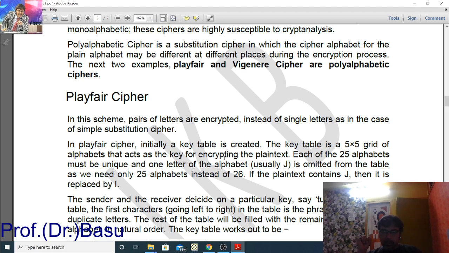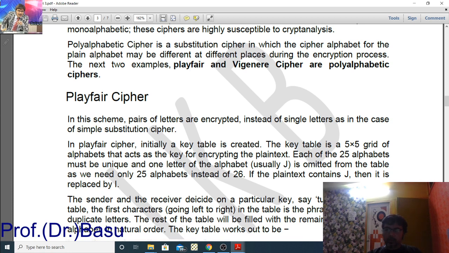What is the system all about in Playfair cipher? 25 alphabets must be associated with this system, and only one will be left. One letter of the alphabet, usually J, is omitted. Because the number of letters is 26, one letter must be omitted.